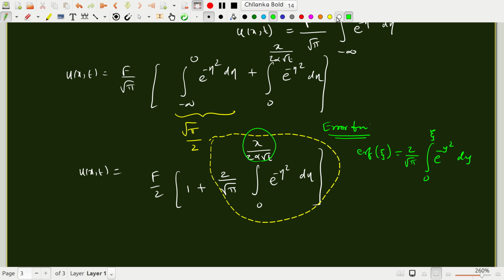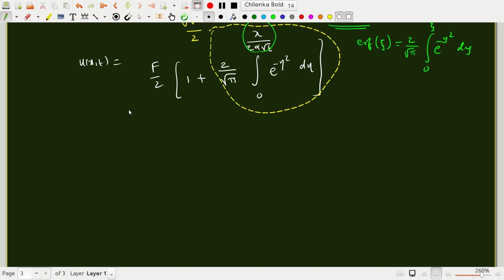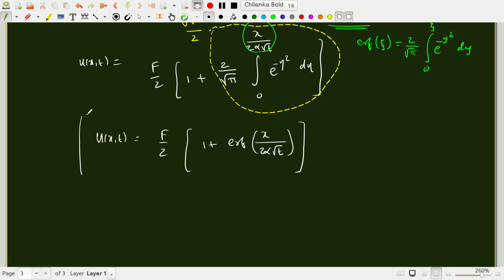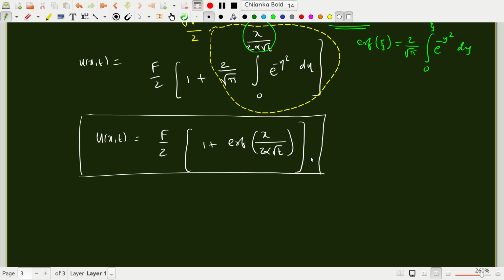So we can conclude that u of x,t is nothing but F by 2 times 1 plus error function of x by 2 alpha root t. This is the solution to this problem that we started off by assuming that the initial condition is like a Heaviside step function of jump F. Now if I plot the error function of x as a function of argument x, it looks like this.